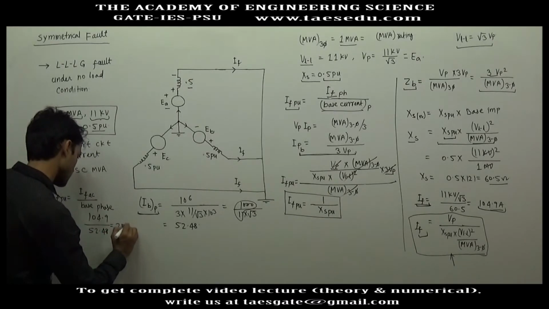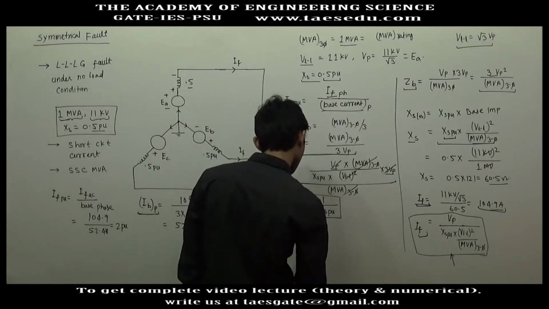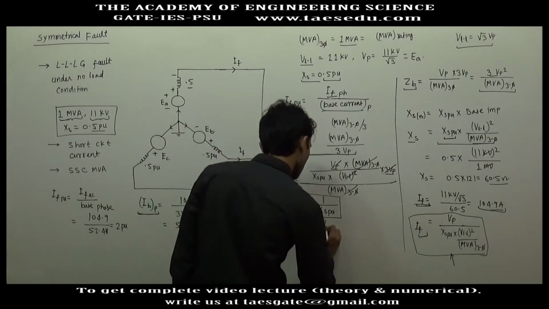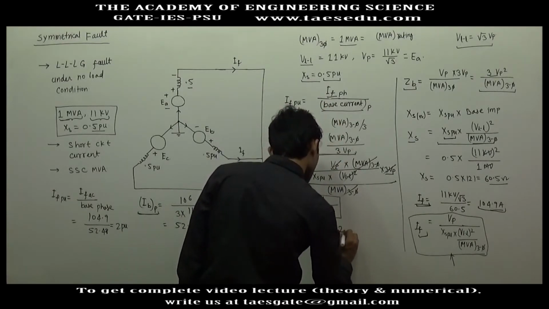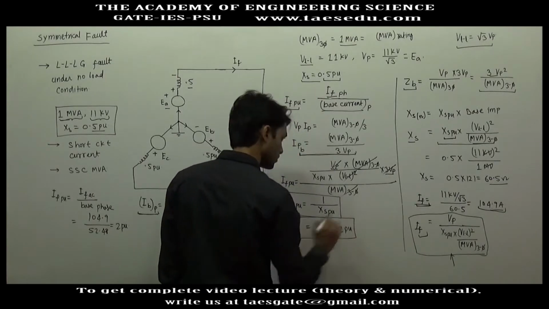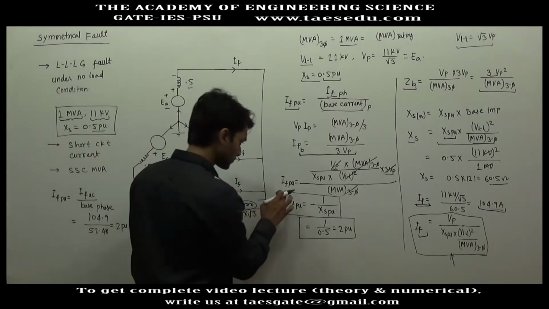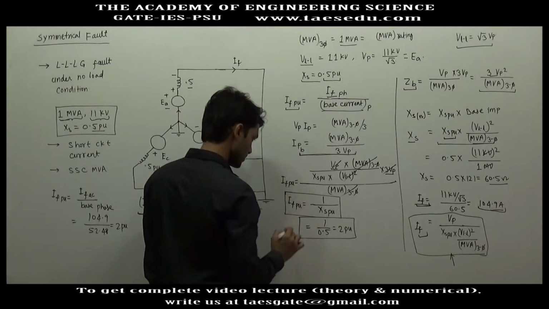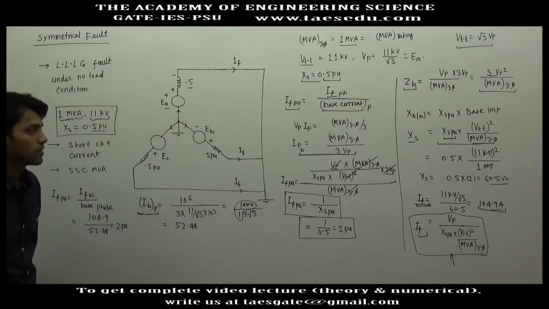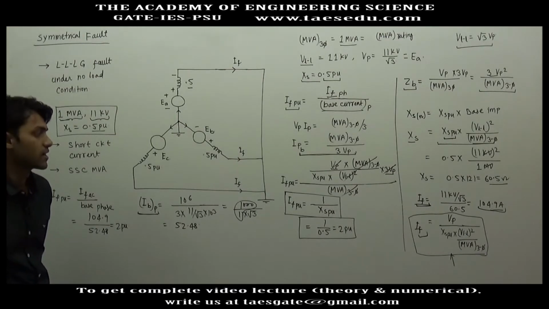This is approximately 2 pu, and from here also the fault current will be 1 by XS pu, 0.5. This is 2 pu. So although the derivation was a little bit lengthy, we got a very easy result. The PU value of fault current will be 1 divided by the PU value of synchronous reactance.